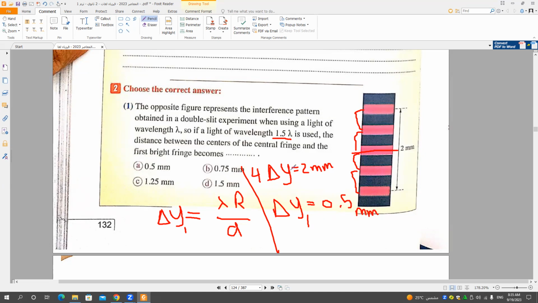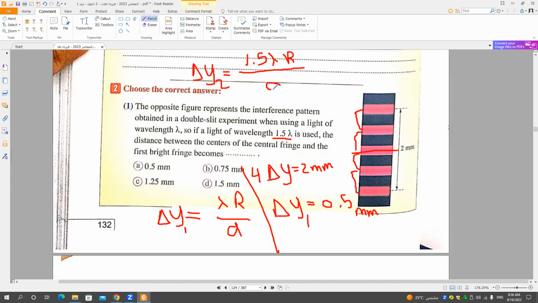Okay. What about delta y after using a wavelength 1.5 times the first one? Will it increase, decrease, or stay constant? Delta y2 equals 1.5 wavelength over d.